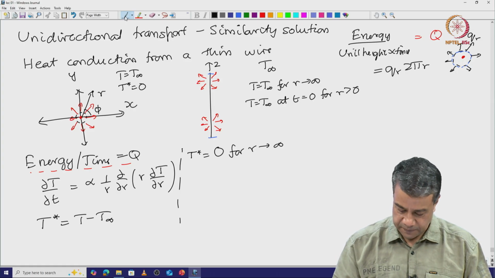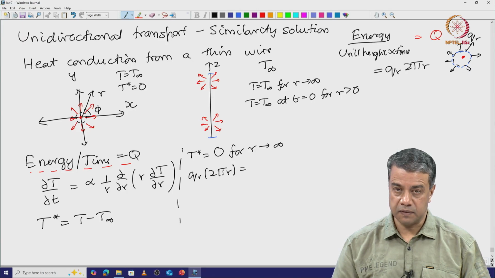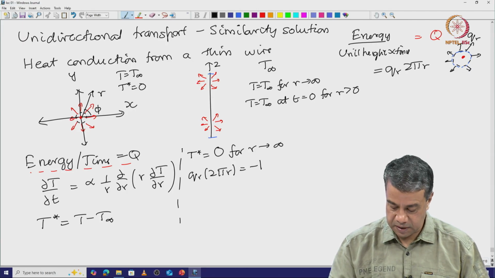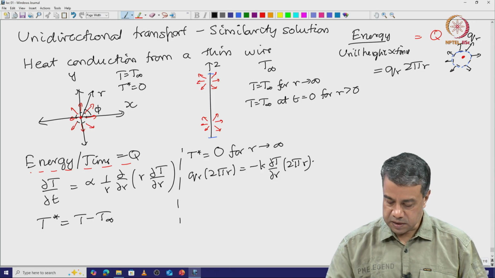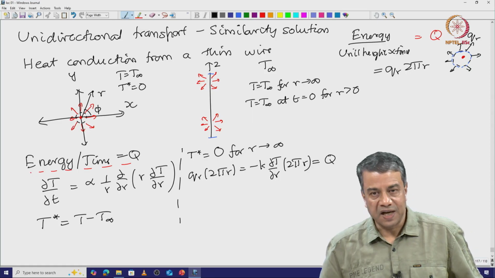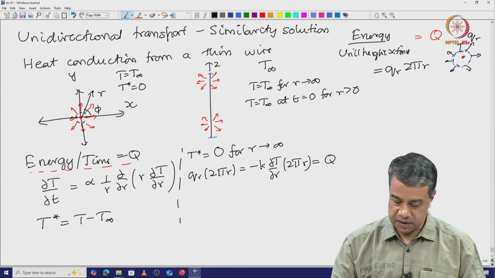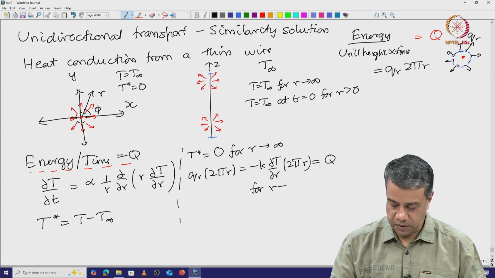So, here I have, as r goes to 0, q_r times 2 pi r. q_r from Fourier's law of heat conduction is minus k partial T by partial r into 2 pi r, which is equal to the energy that is generated from the wire per unit height in the z direction per unit time. This is for r going to 0.